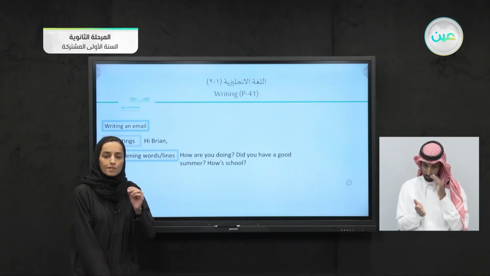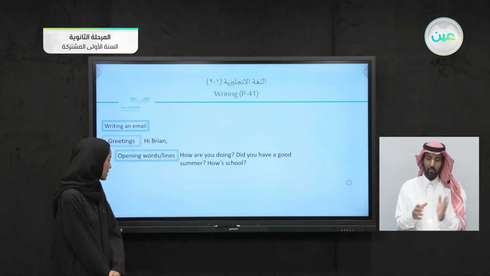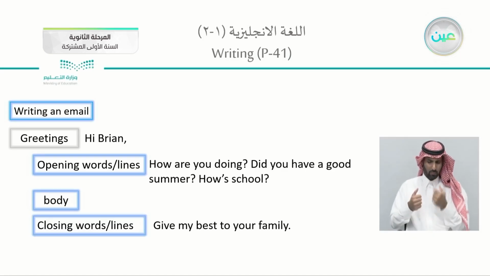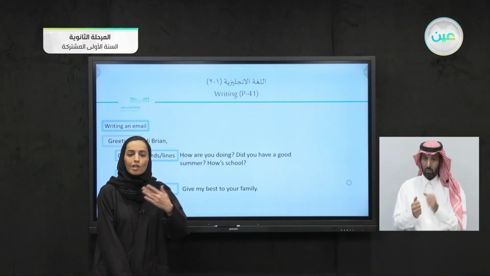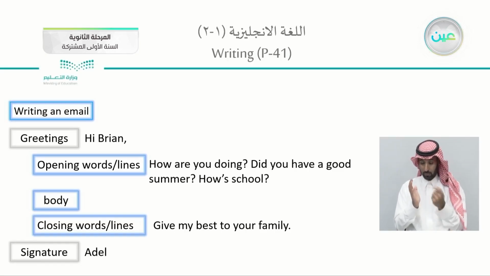Notice the short forms, more friendly talk, just as if he is speaking. Then we have the closing lines or words. He said, give my best to your family. So more like related to each other. And by the end, the signature, he wrote his name, which is Adil. Not the full name, just his first name.